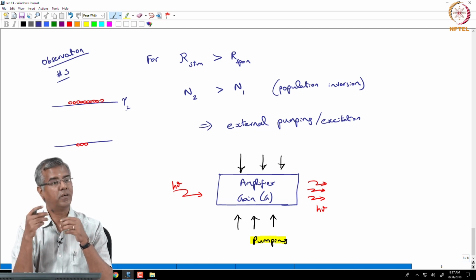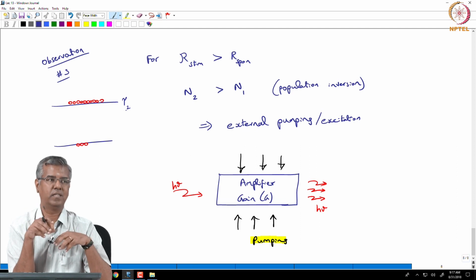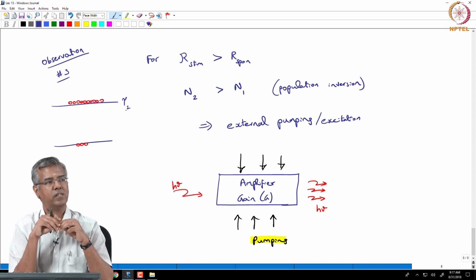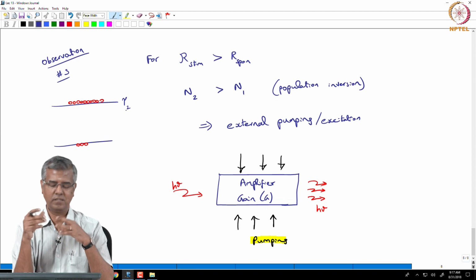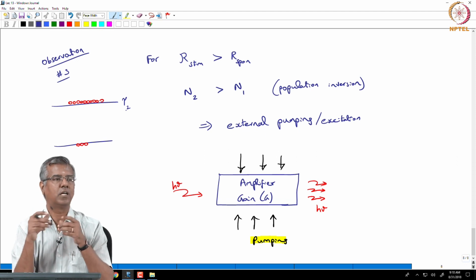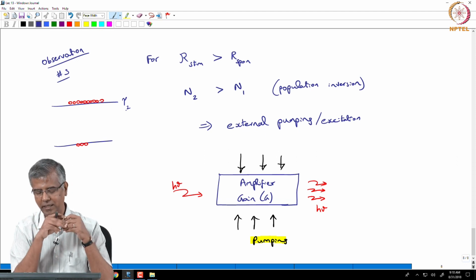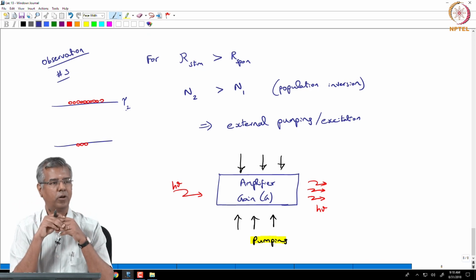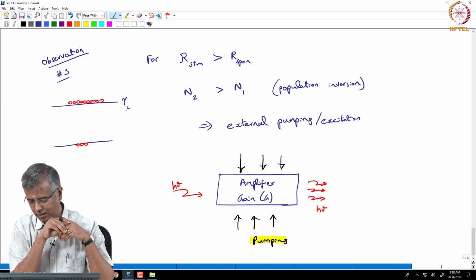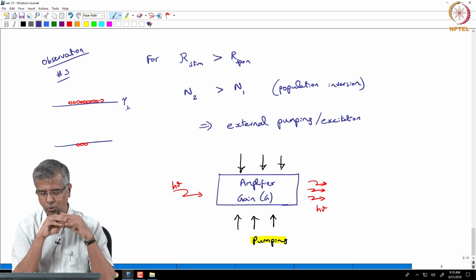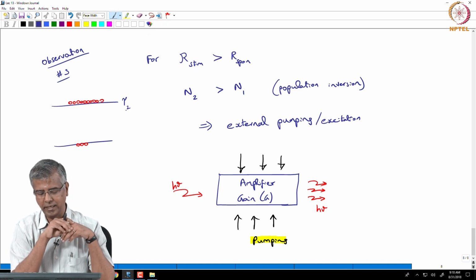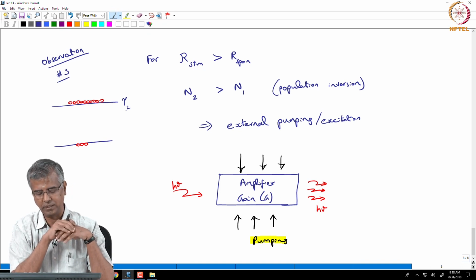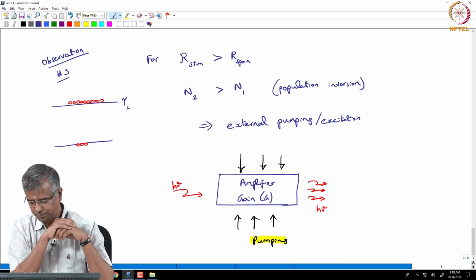So, these spontaneously emitted photons as far as an amplification process is concerned would constitute noise, and this is probably a little early to talk about those concepts. We will come back and look at this in much more detail, but I just want to give you a feel for why it is important to have lesser spontaneous emission and more stimulated emission as far as an amplification process is concerned.